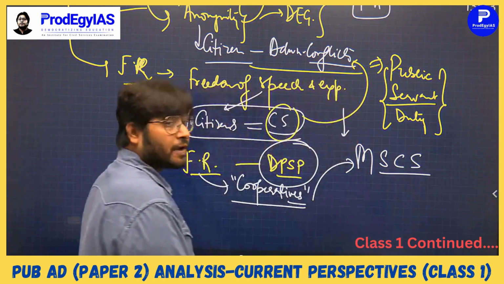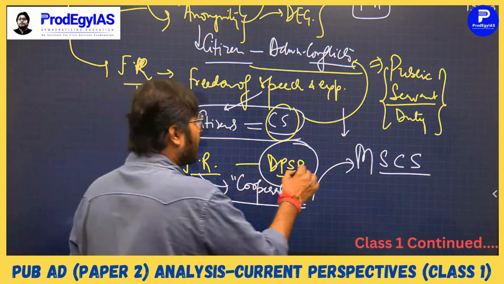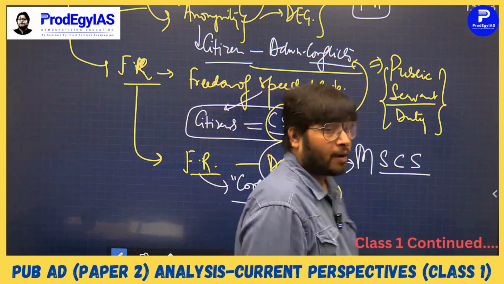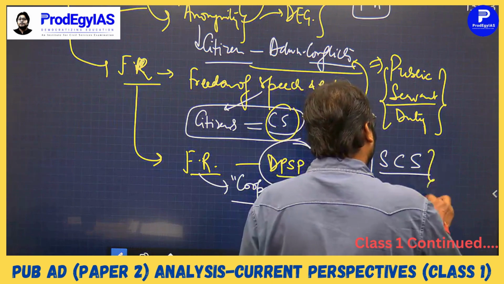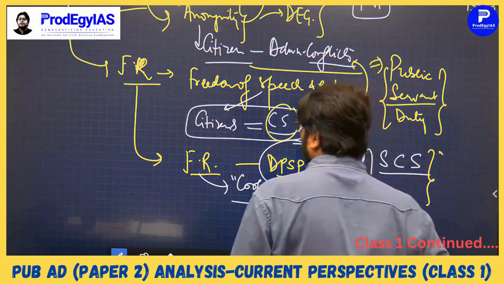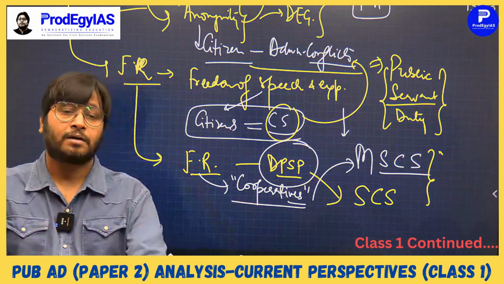Multi-state cooperative society can be formed. सुप्रीम कोर्ट ने बोला है कि भाई, दी कोऑपरेटिव और स्टेट कोऑपरेटिव सोसाइटीज में दिस लॉ विल नॉट बी एप्लीकेबल डायरेक्टली. व्हाई? बिकॉज इट इज द राइट ऑफ द स्टेट.